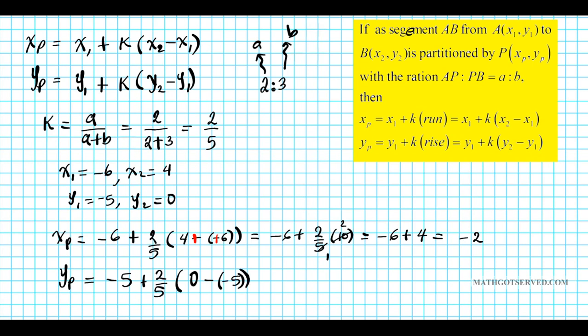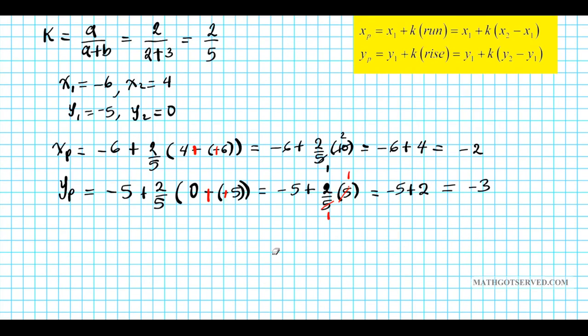Minus times minus makes a plus. And then you have negative 5 plus 2 over 5 times 5. 5 goes into 5 once. You're left with negative 5 plus 2, which is negative 3.